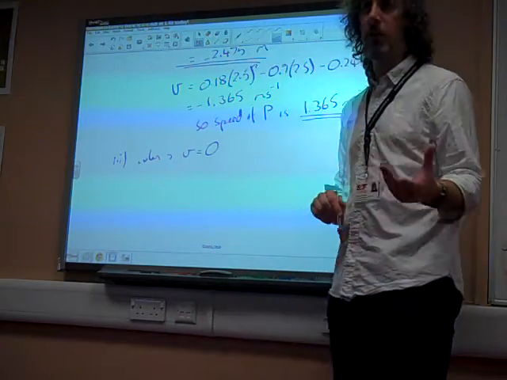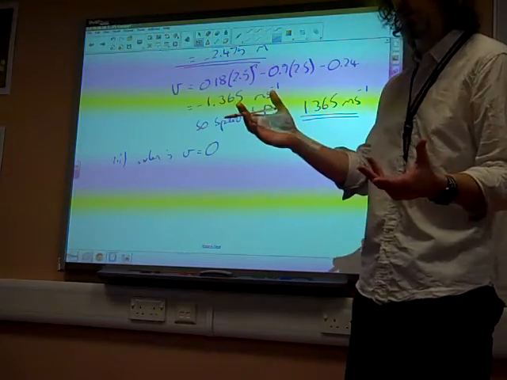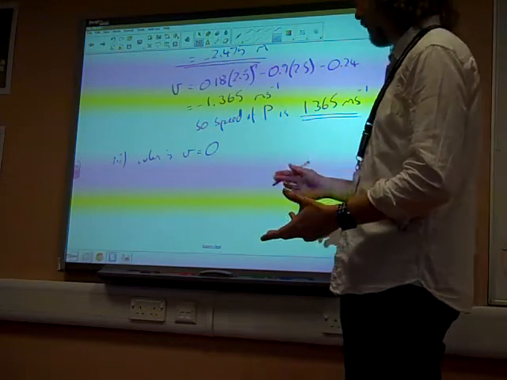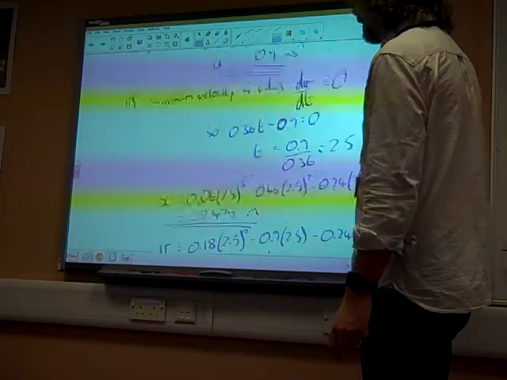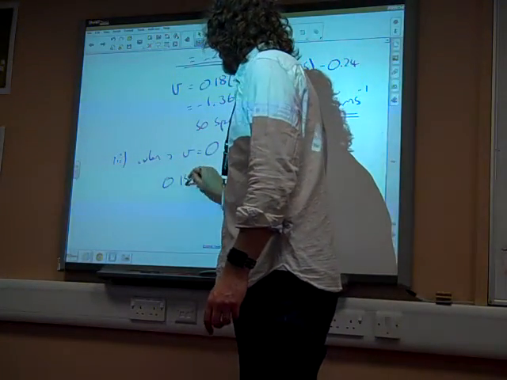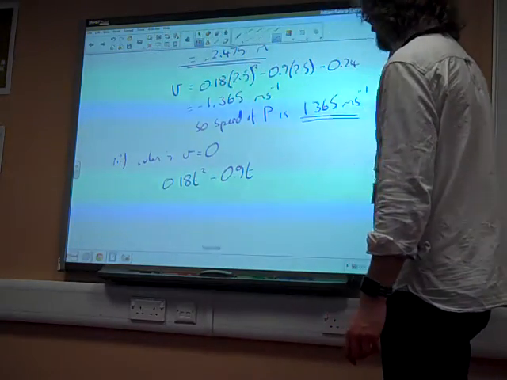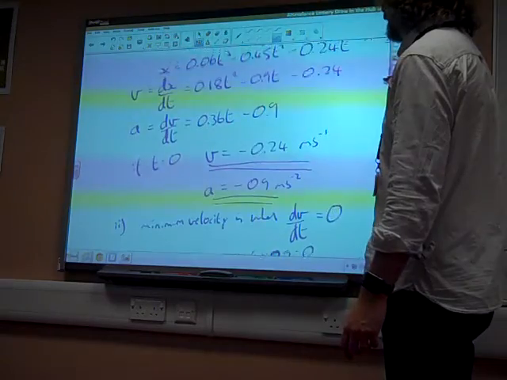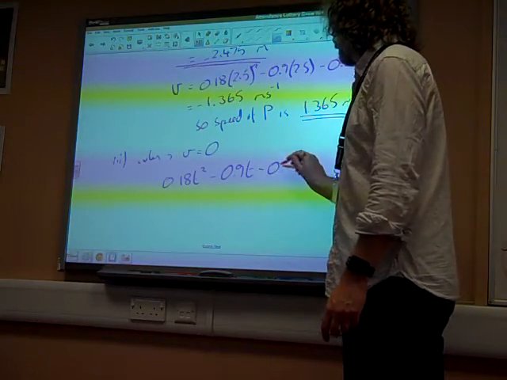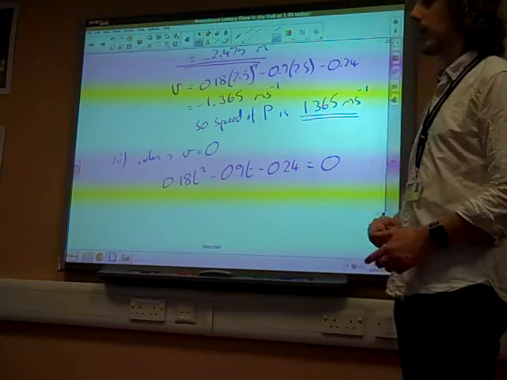So actually part 3 is saying when is v equal to 0. And it wants the positive value of t when that happens, so that implies that there are two values, one of which is negative, one of which is positive, and that's what we're looking for. Well, v is 0.18 t squared minus 0.9 t minus 0.24, and we want that to be equal to 0.